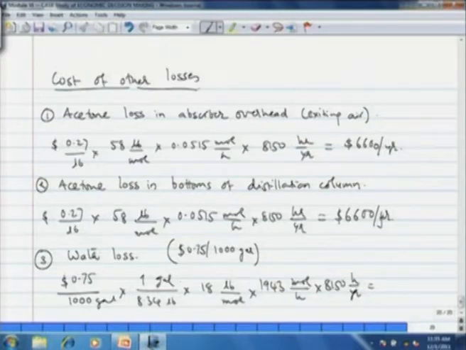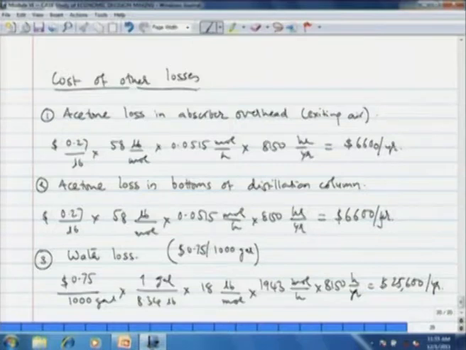Now 1 gallon is typically 8.34 pounds, and then this many gallons and the cost of 75 cents per 1000 gallons. So, this loss comes out to be something like $25,600 per year.